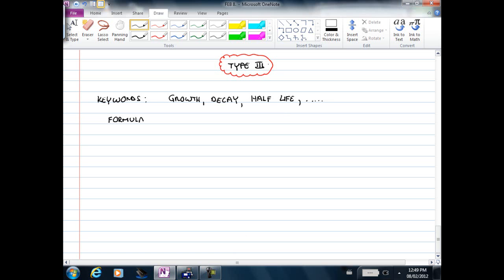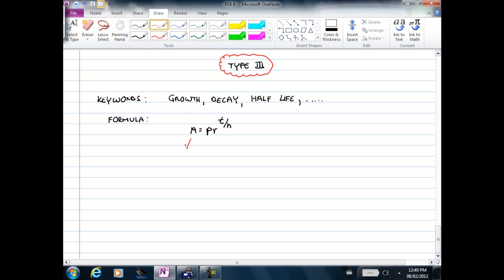Your formula for type 3 really is this: A equals P times R to the power of T over N. Same concept, same logic.